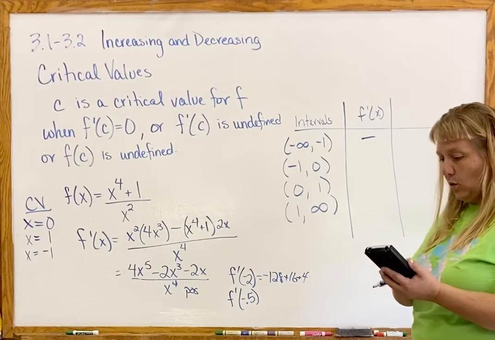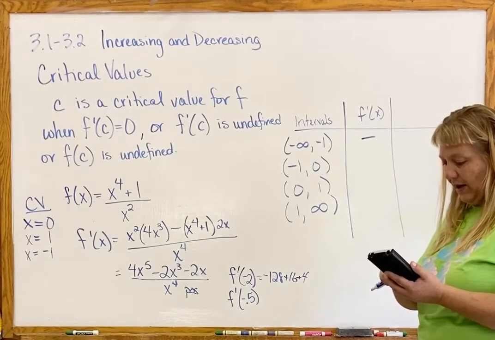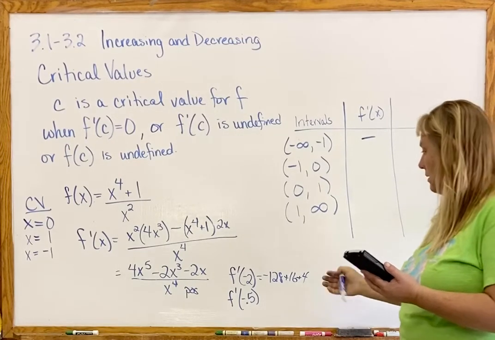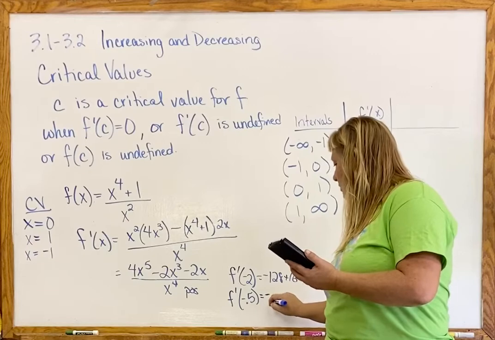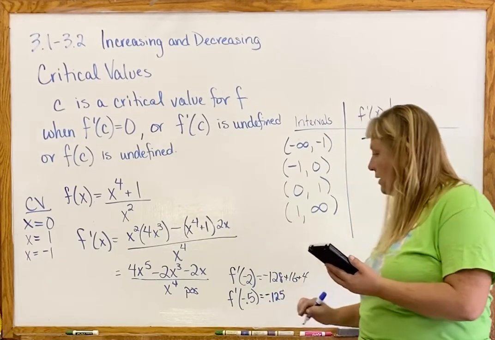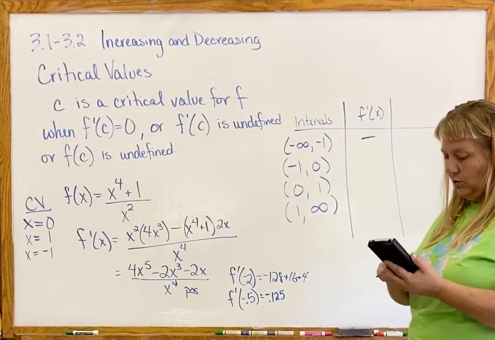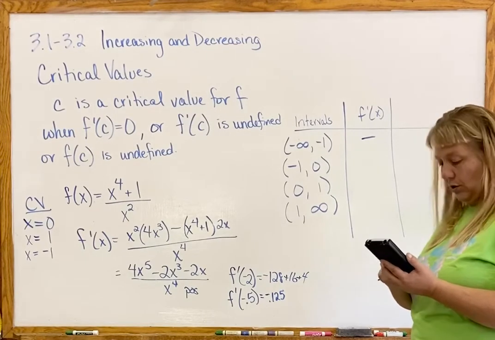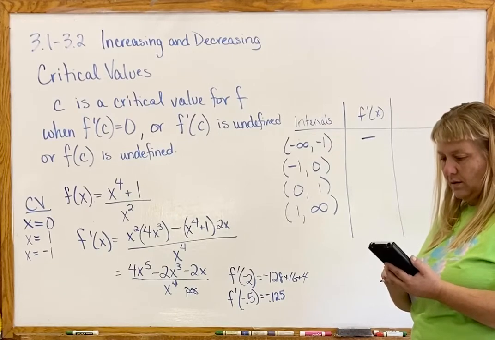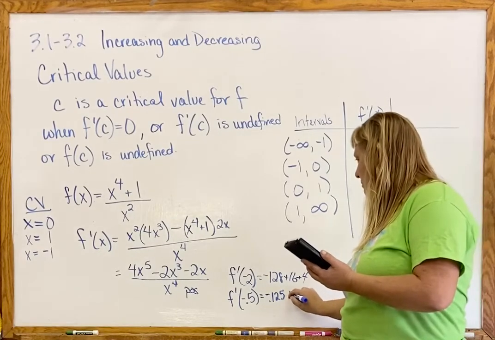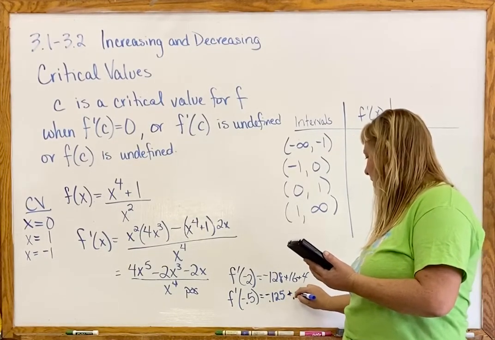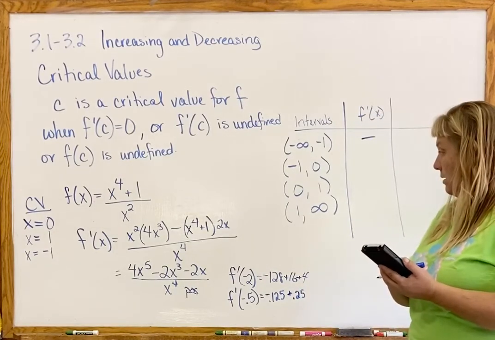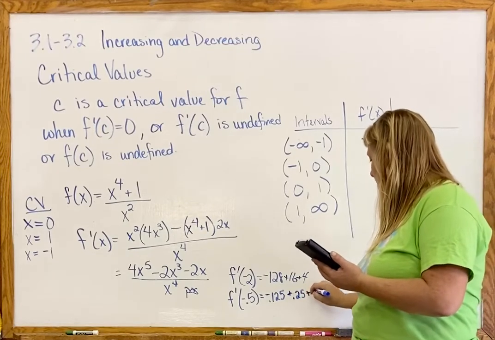So if we go 4 times -0.5 to the 5th, that's -0.125. And then 2 times -0.5 to the 3rd is -0.25, and then this will be +1, right?